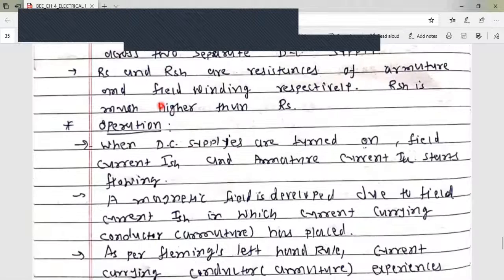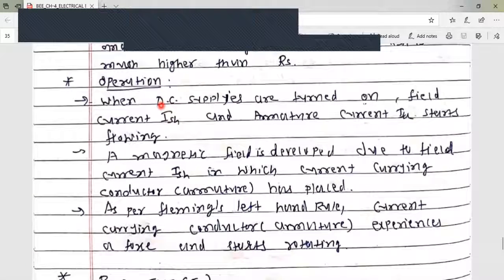Now you will see the operation. When the DC supply is turned on, field current ISH and armature current IA start flowing. As we discussed, a magnetic field is developed due to the field current ISH, in which the current carrying conductor is placed. We have placed the armature in that magnetic field. As per Fleming's left-hand rule, the current carrying conductor experiences force and starts to rotate.